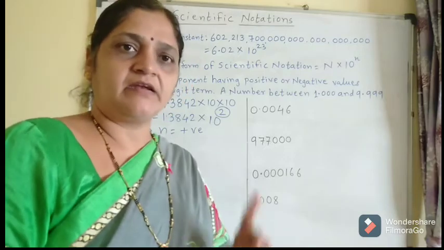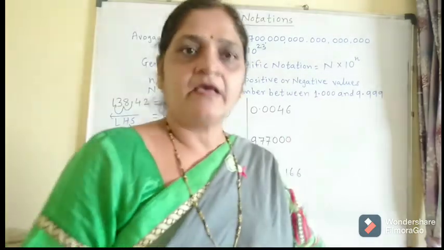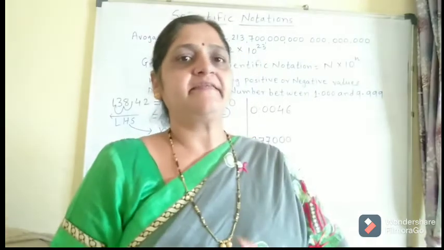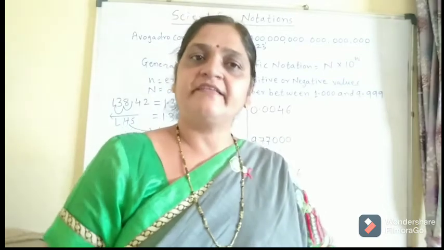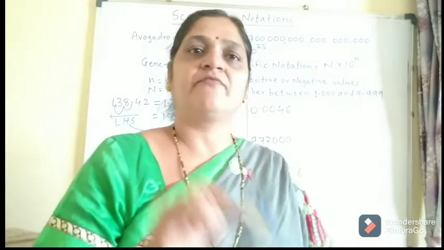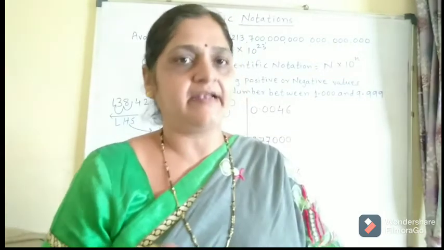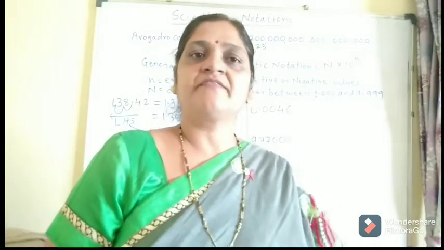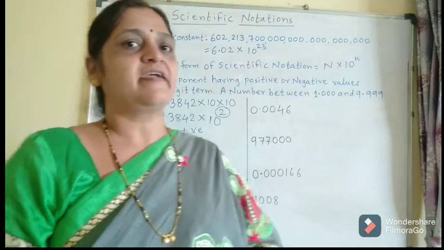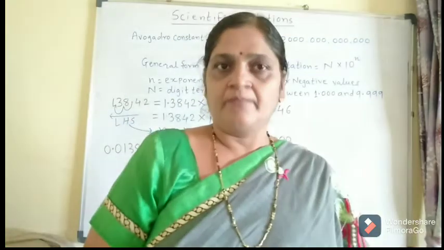When we shift the decimal point to the LHS, the exponent will always be positive, and those many digits we have shifted to the left are the n value. If you shift 2 digits, then n is equal to 2. If you shift 3 digits to the left hand side, then n is equal to 3. But the values will be positive 2, positive 3. In this way you will get it.